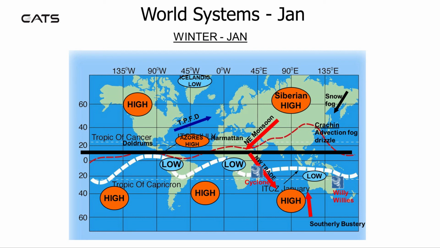There'll be a northeast monsoon emanating from Siberia along the coast of China and Japan, heading towards India, which produces advection fog and drizzle near Hong Kong. In the southern hemisphere, there'll be low pressure over land and high pressure over the sea. There'll be cyclones associated with the intertropical convergence zone.